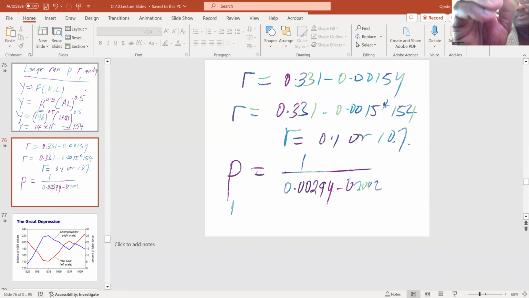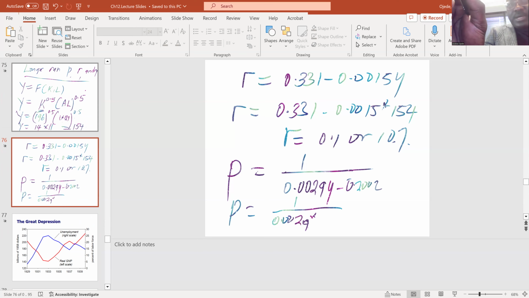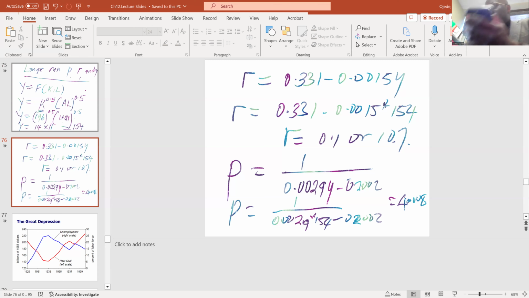So to get the long run price, you're going to substitute the long run output in the aggregate demand function here, 0.0029 times 154 minus 0.02002. If you do the math, it's going to be the same thing as, in your handout, that's what it is, 4.008.